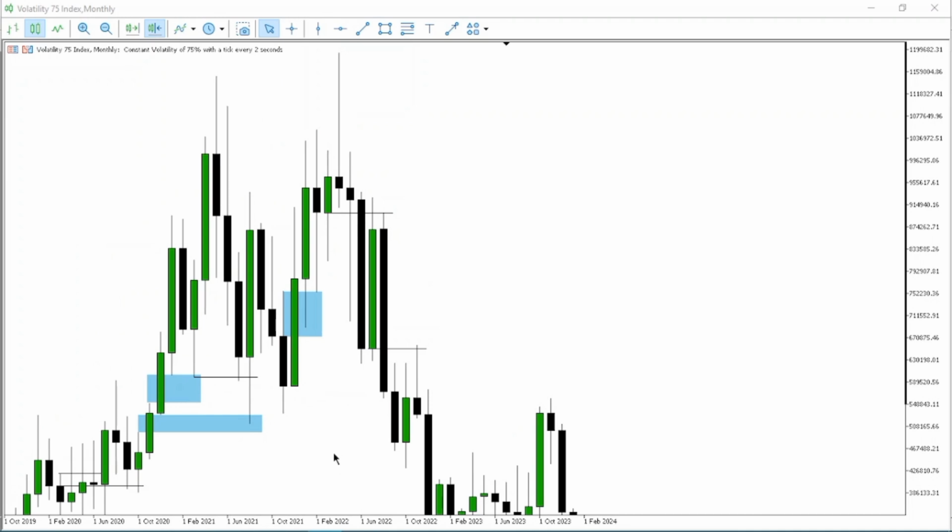Now, as I said before, you use the high time frames because they give you the true direction. I like to say a much clearer, true to life direction.